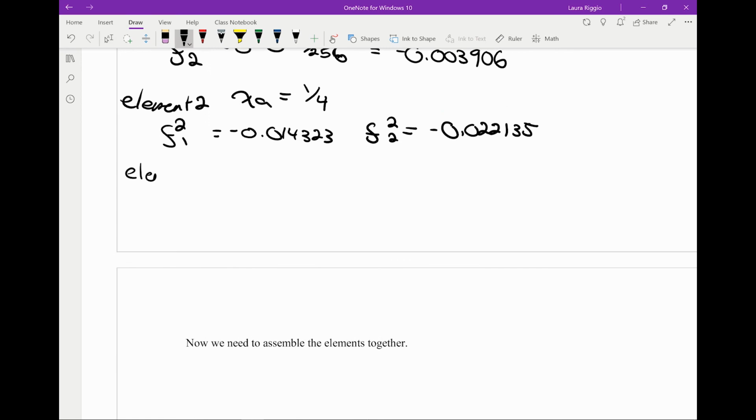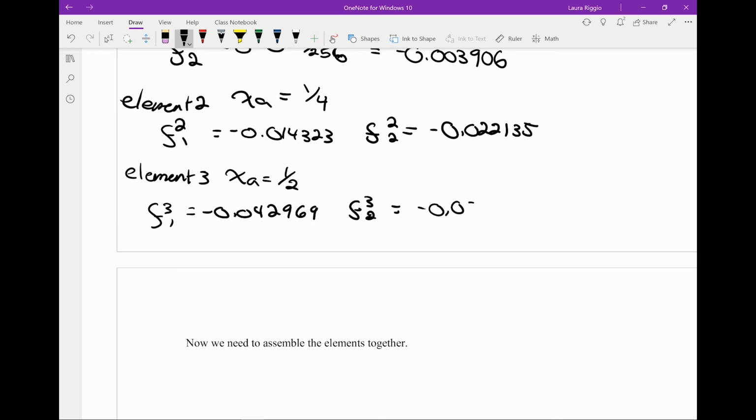You can do it for element 3. xa is now equal to 1/2, so you get f31 is equal to minus 0.042969. f32 is equal to minus 0.05599.